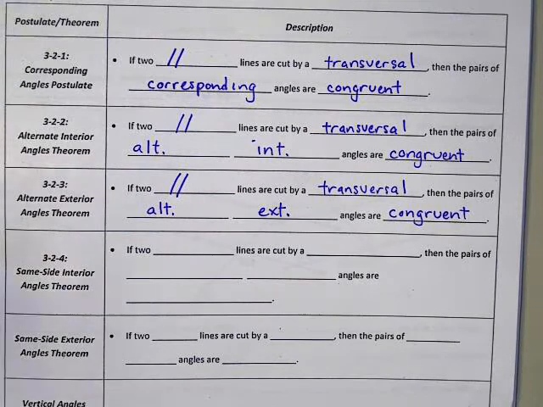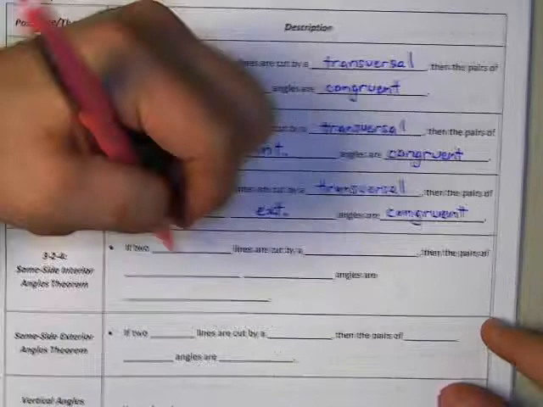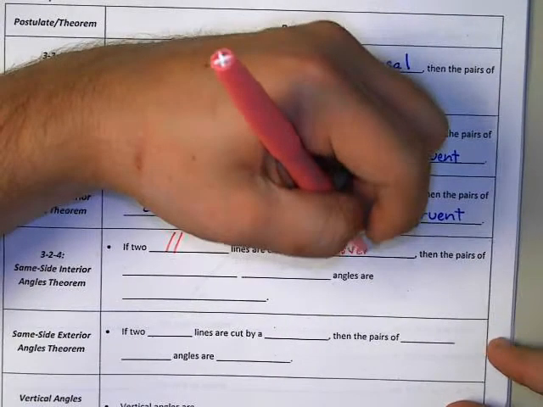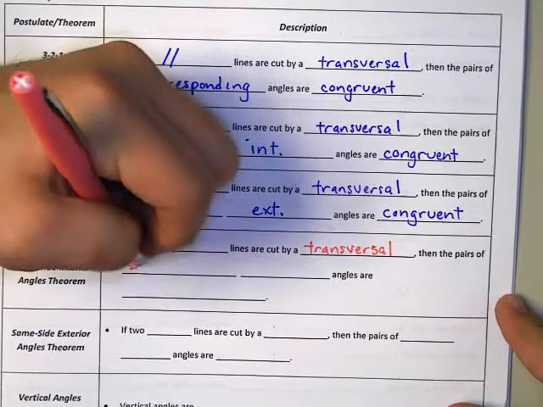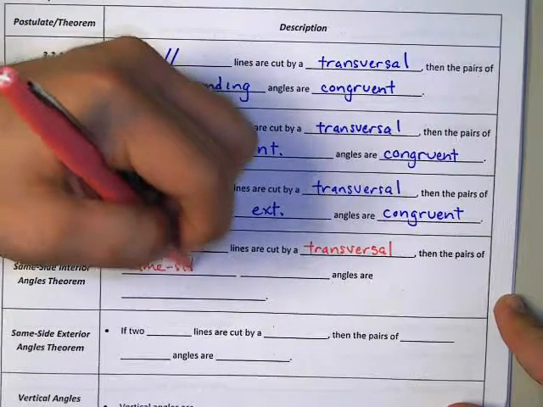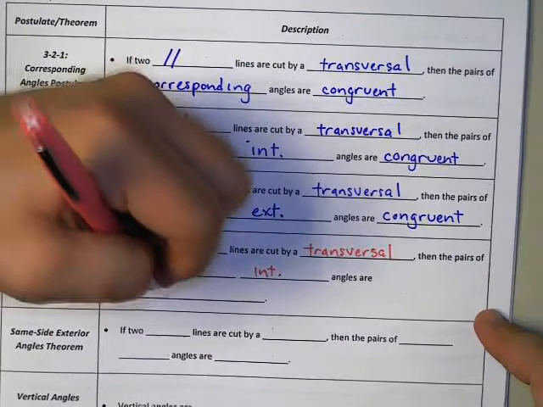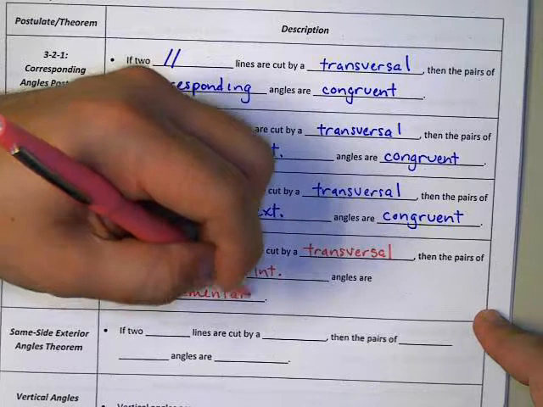Alright, let's change colors now just because these next two are different. Now we have same side interiors and exteriors. So again, if two parallel lines are cut by a transversal, then the pairs of same side interior angles are now supplementary.